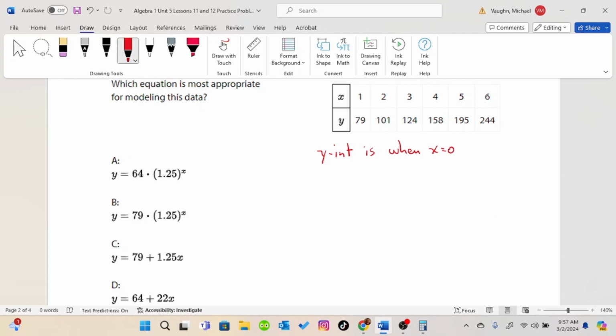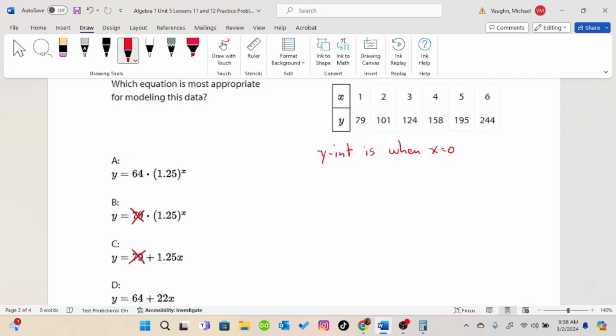So our y-intercept is not 79. 79 is when x equals 1. So B cannot be correct, and C cannot be correct.